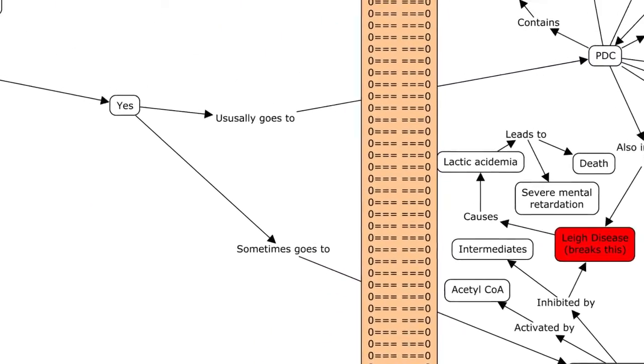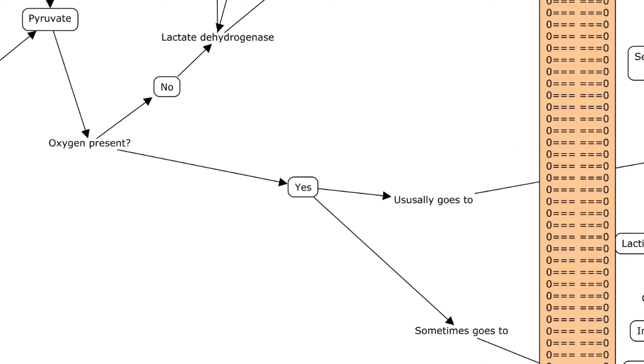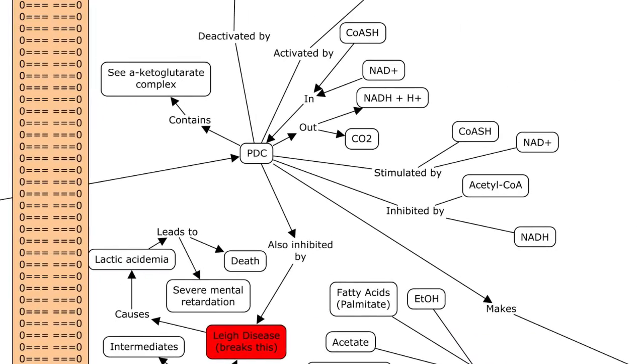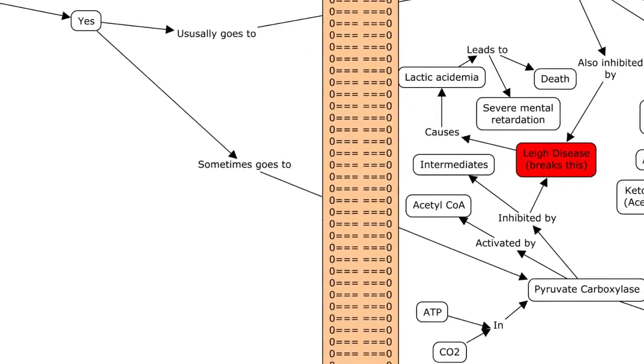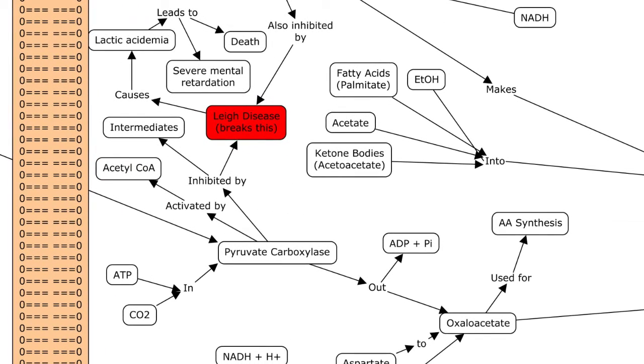So remember back here, our pyruvate usually goes to the PDC. Sometimes it can go to this other enzyme inside the mitochondria, pyruvate carboxylase. Now this enzyme is going to use ATP and CO2, which are normally things that we want to make or break off. However, this is going to use them.